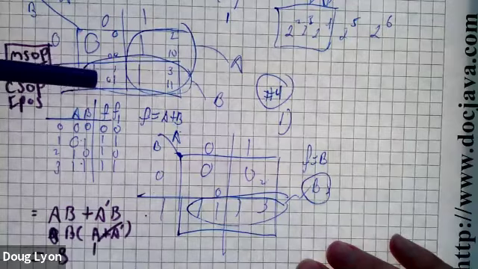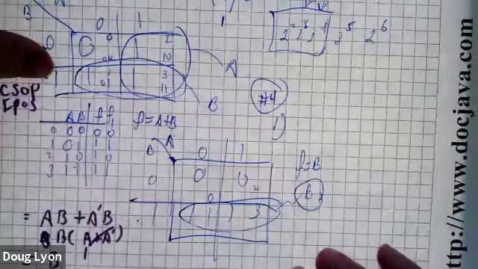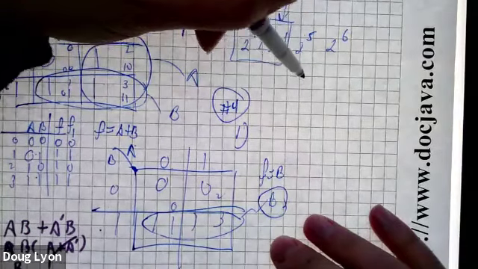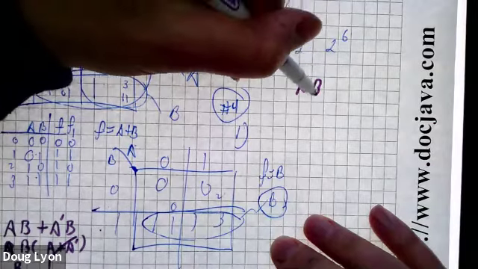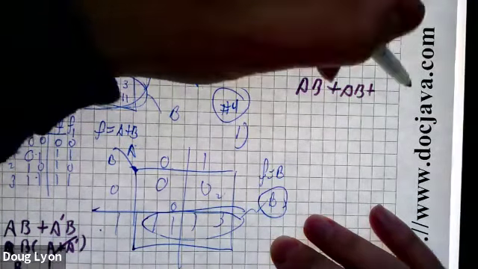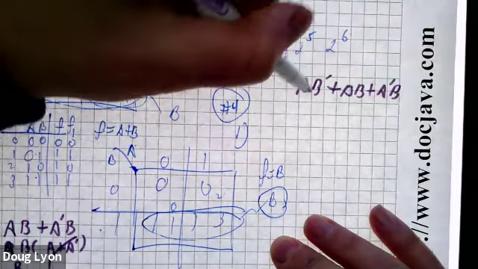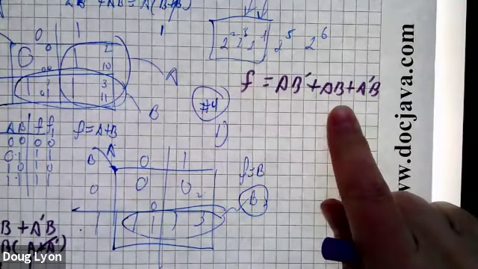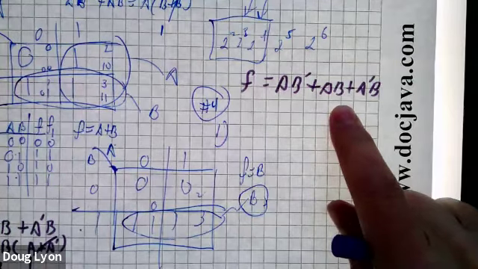If you were to write this out in canonical sum of products, you might see something like this. That is a perfectly fine equation. That is a canonical sum of products.